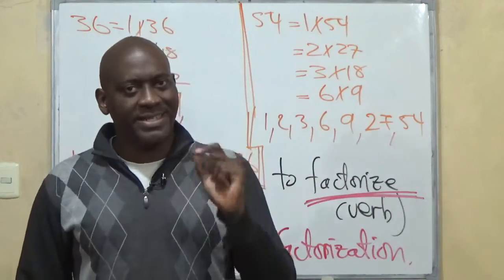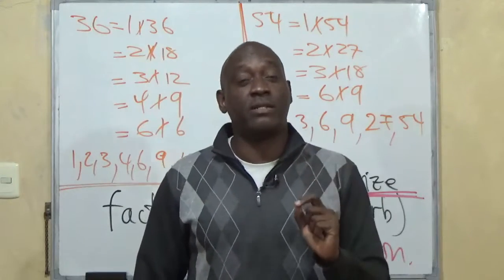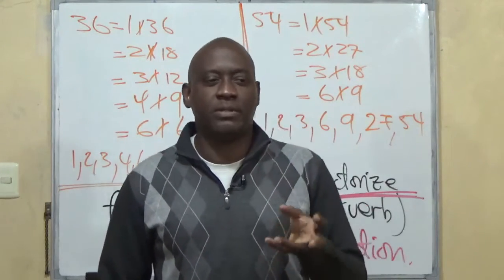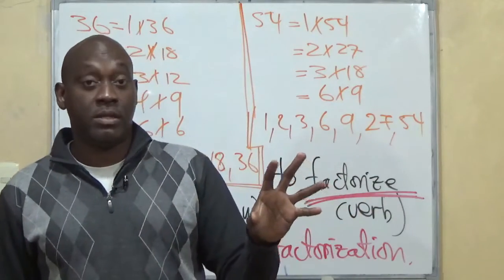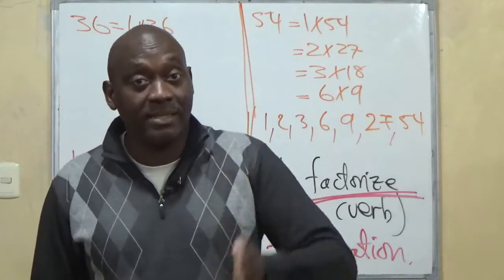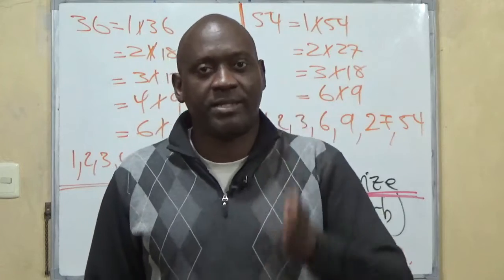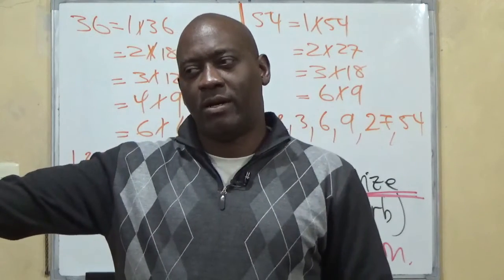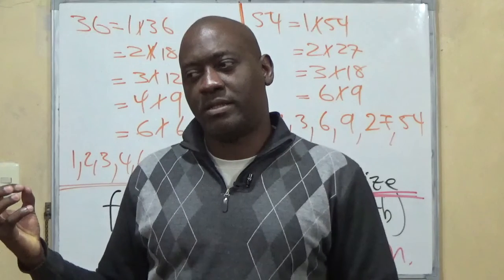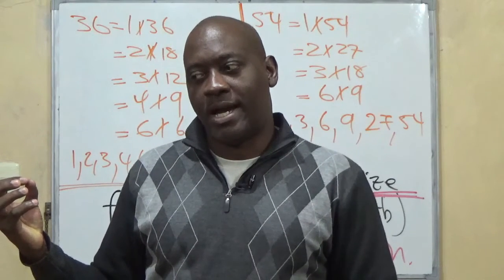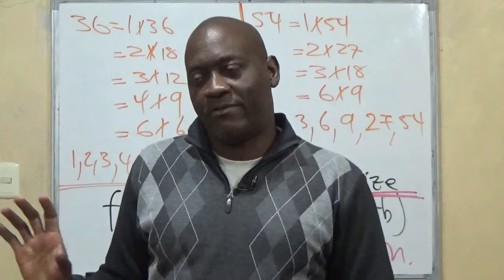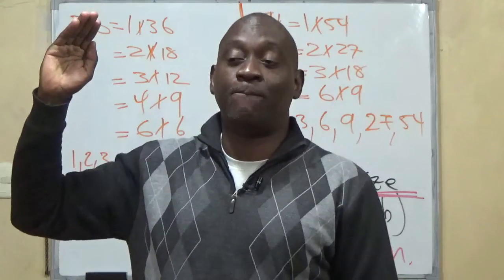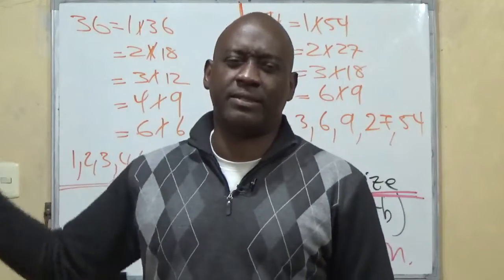But I want you to understand that factorization as a process is not only applicable to numbers. We could start our understanding of factorization by building straight from our understanding of factors. If we're factorizing something, it simply means that we're breaking it down to get the factors.